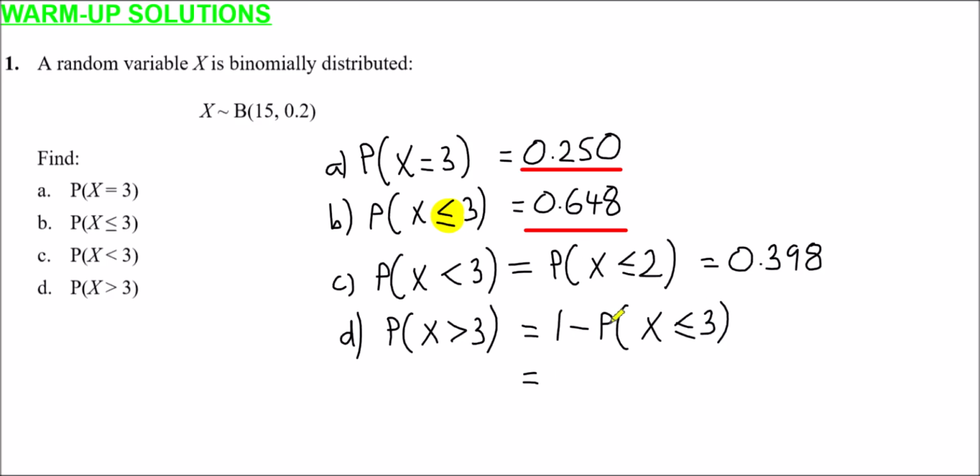But if you look carefully, we worked this one out earlier in part B. That was 0.648. And so what we need to do here is just simply 1 minus 0.648.